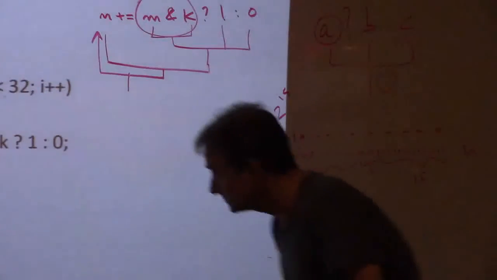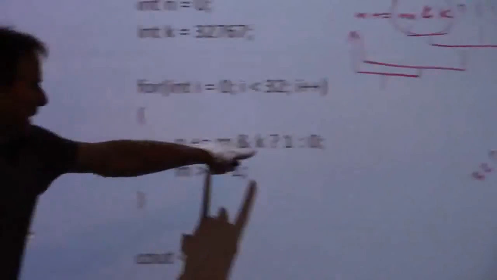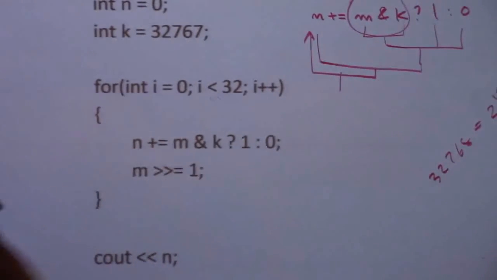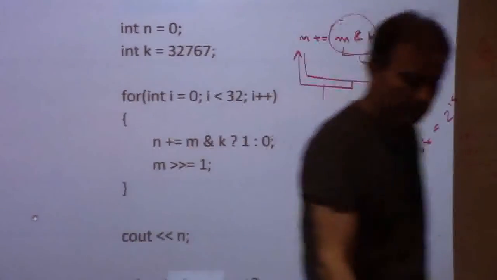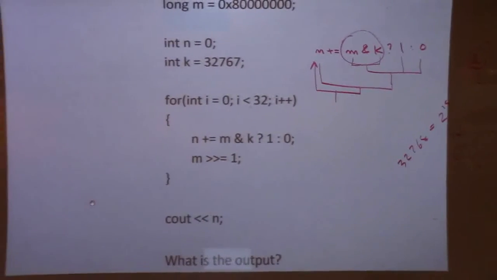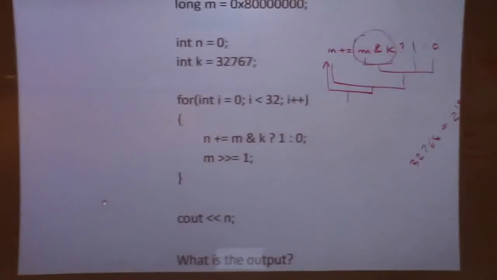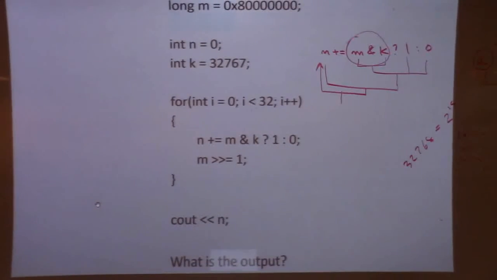Now, when I take m and k, how many bits is the result of this expression? How many bits of m and k, bitwise and? 32. What are they? All zeros.